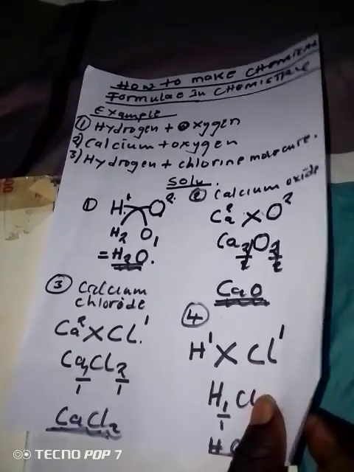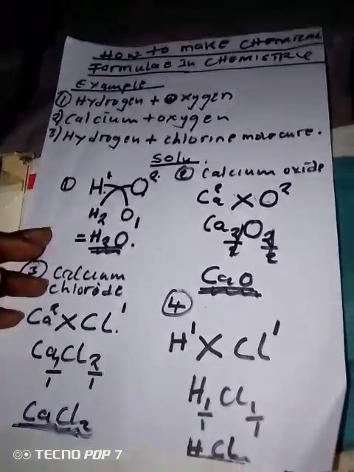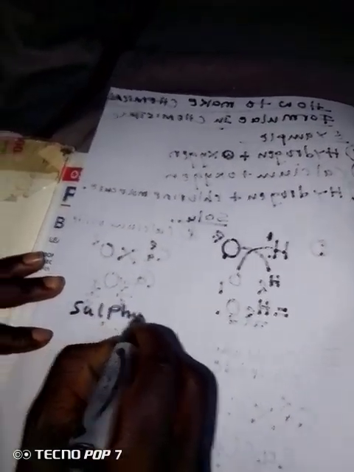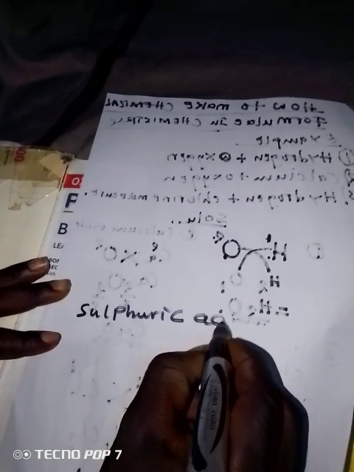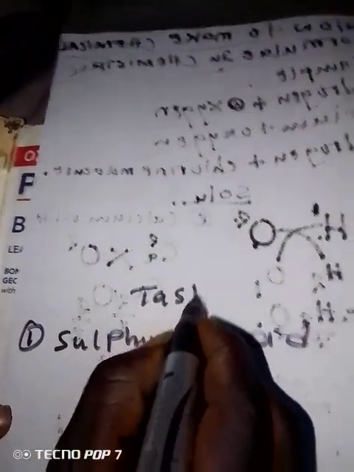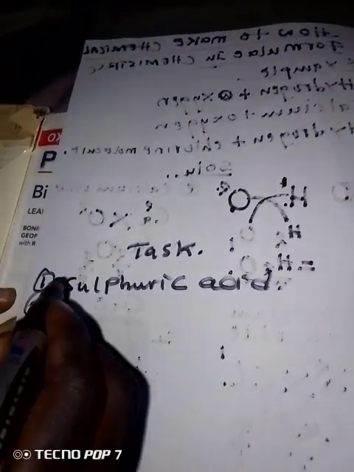Now I want people to attempt some. Find how you can make sulfuric acid. Make the formula for sulfuric acid for me. This is the task. Then the second one, make sodium chloride.